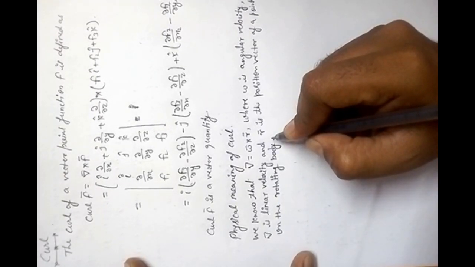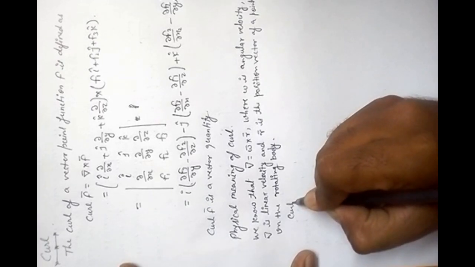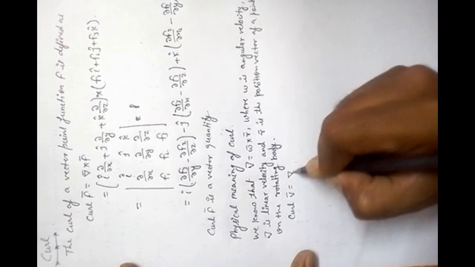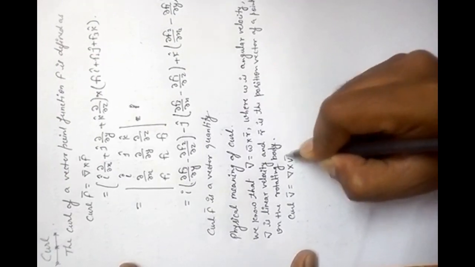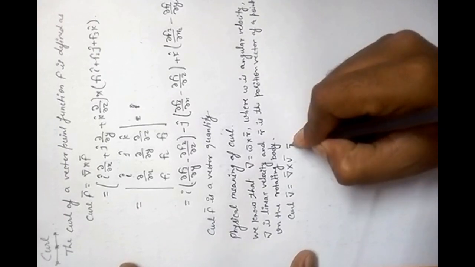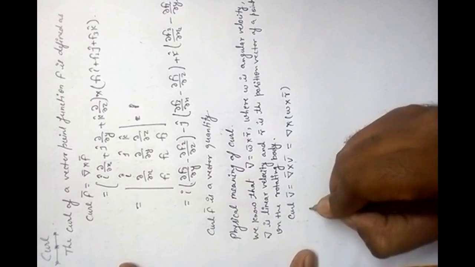So curl v equal to del cross vector v, which is equal to del cross omega cross vector r.